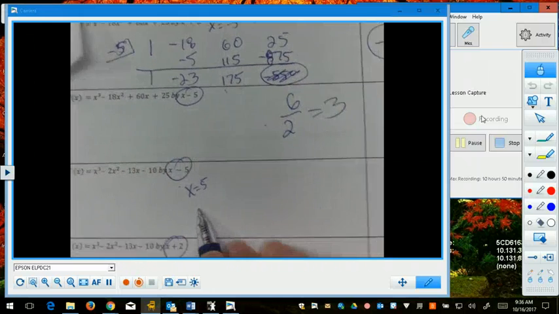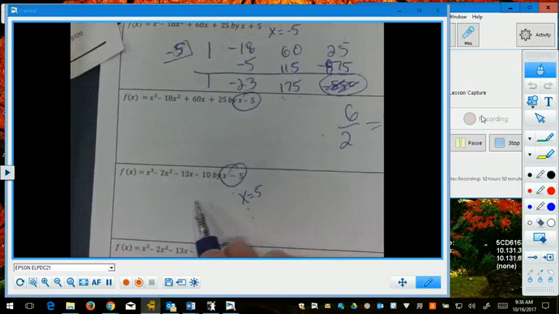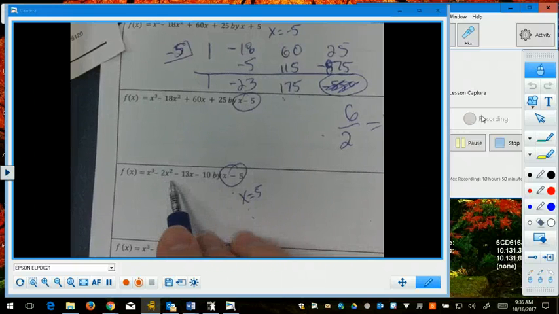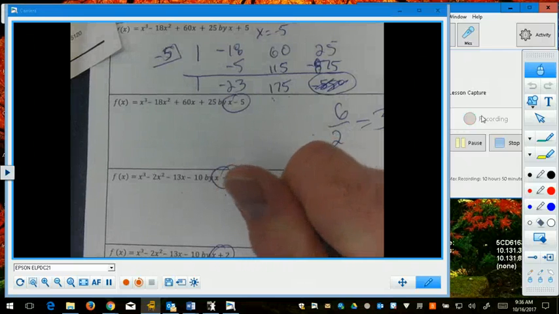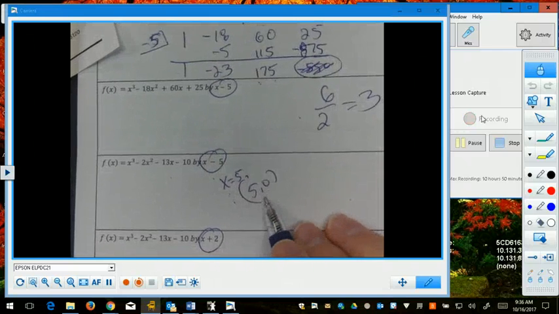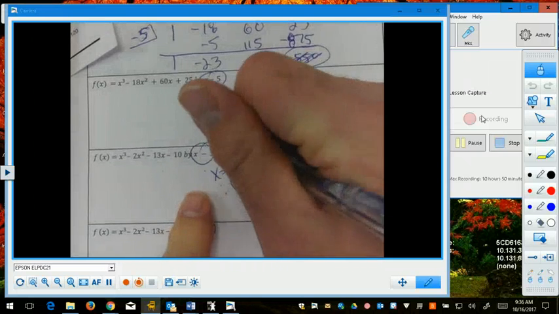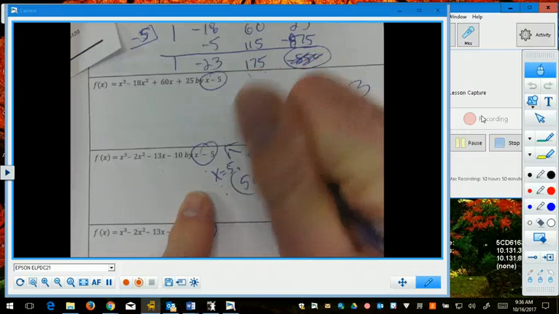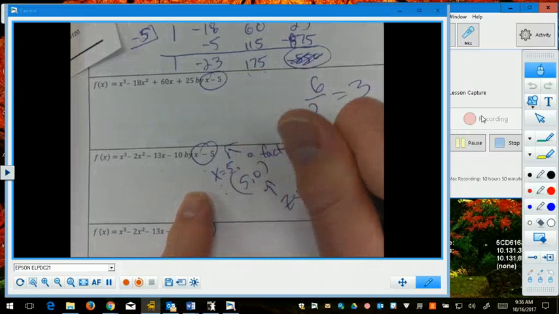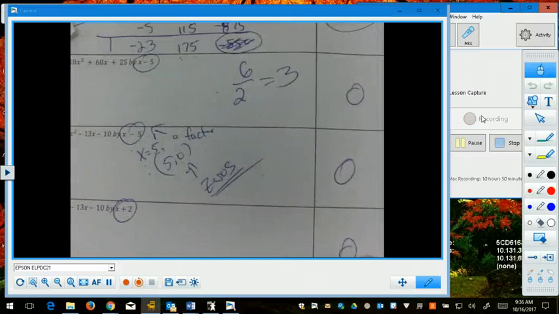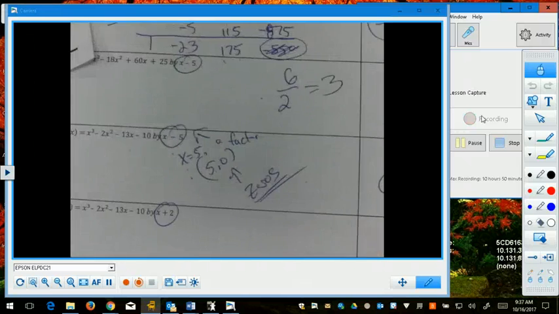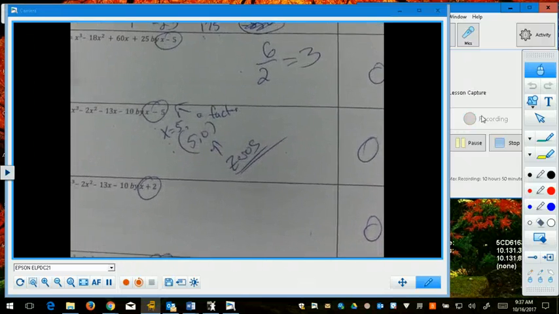X equals 5. What would the output be if I plug that 5 in? I'd get an output of 0, which makes it one of the zeros. So not only is this a factor, but this is also one of the zeros if we were to graph the function. Okay? So you guys all got 0 for those, right? No? All right. Which one didn't you get a 0 for?